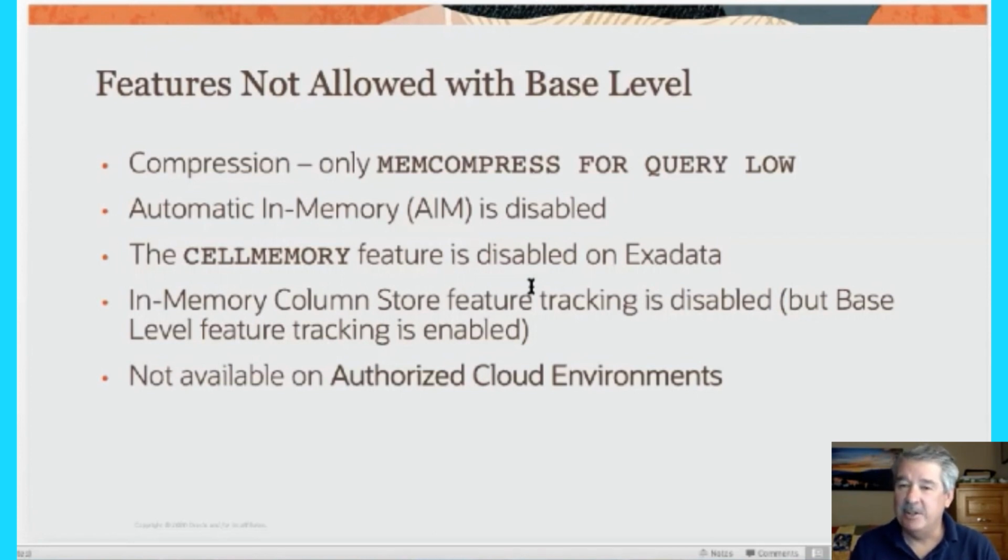Cell memory, so you can't use the database in-memory formatted data in Exadata flash cache. So that's also disabled. It's only part of the Database In-Memory full option. So really what we're targeting here is the DRAM, allocating the column store with inmemory_size in the SGA and making use of Database In-Memory there.